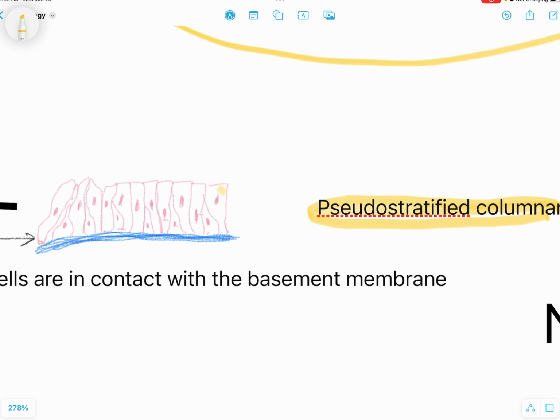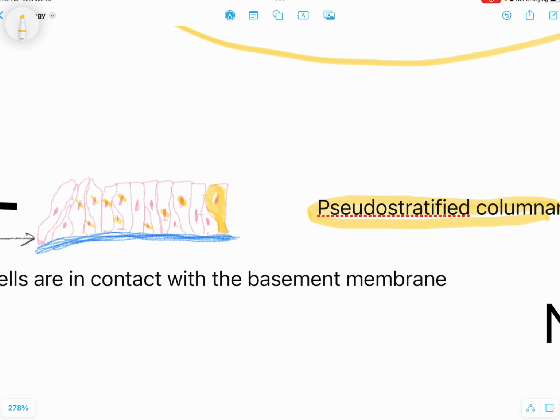Now here in pseudostratified, if I look, here's a cell. Now if I look carefully, I can see that there are different nuclei here. These are the nuclei for different cells within this tissue. And at first glance, it may look like there are multiple layers.